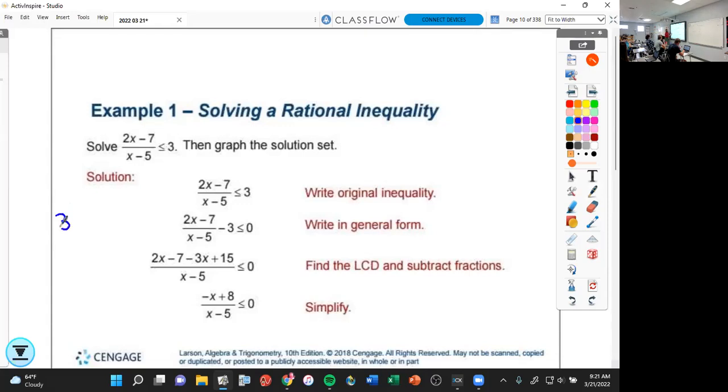If I want to turn 3 into a fraction that has x - 5 in the denominator, what do I do? What can you multiply by that does not change the value? 1. What is the 1 that I'm going to use to multiply 3 by?